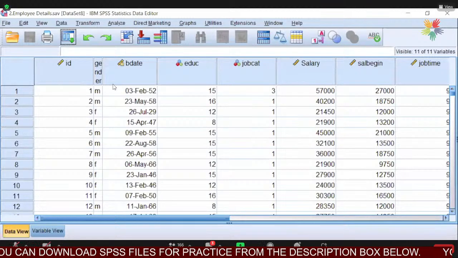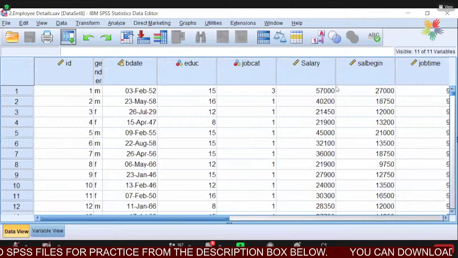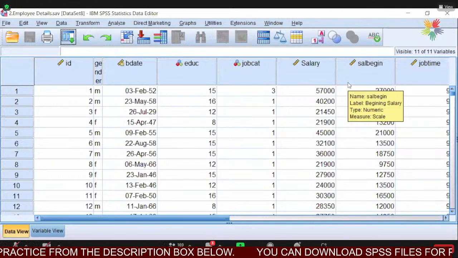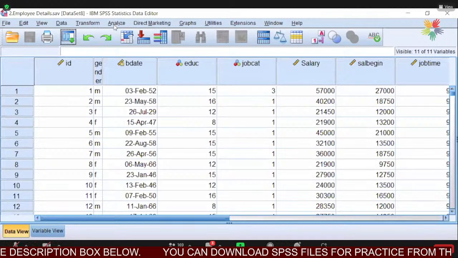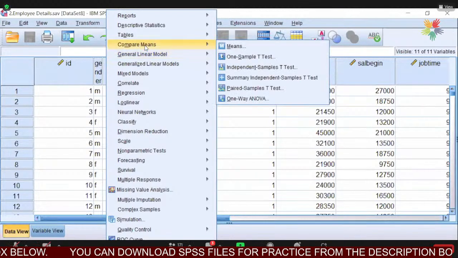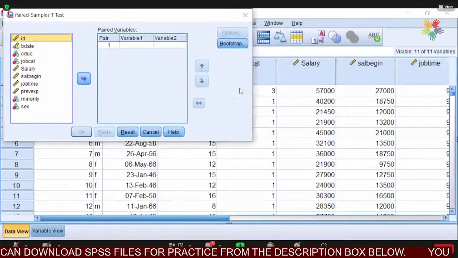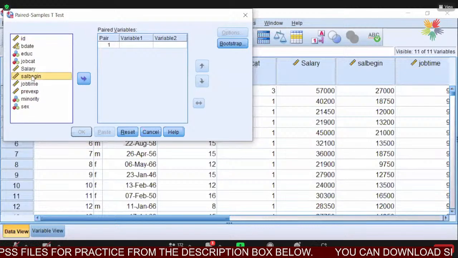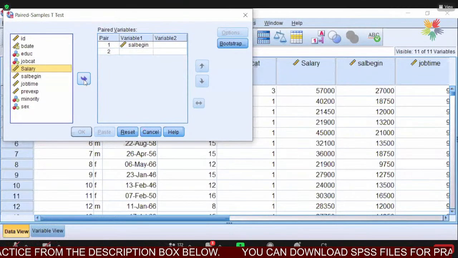So now let me take salary, what they are getting. Salary in the beginning, before joining this organization, what was their salary? So now analyze, compare means, a very simple test. Paired samples test. Salary in the beginning, salary now.